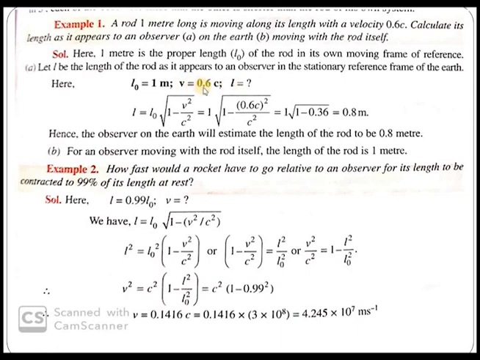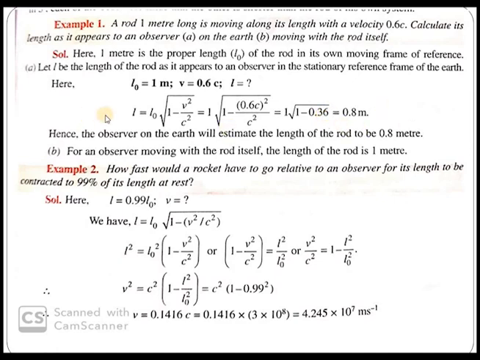A rod is moving with a velocity 0.6 times c, which is comparable to the velocity of light. So we'll have to use the equation for length contraction, and that equation is L is equal to L0 into root of 1 minus v square by c square, and it is 1 into root of 1 minus 0.6 c square by c square, and it is 1 into root of 1 minus 0.36, and it is equal to 0.8 meter.